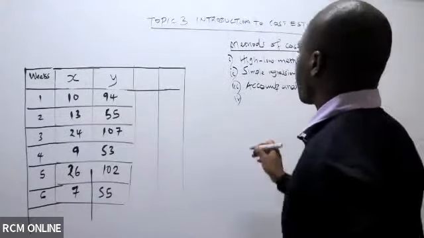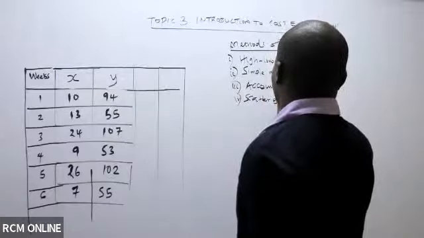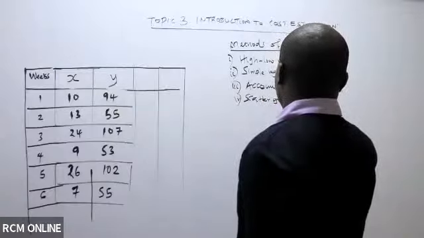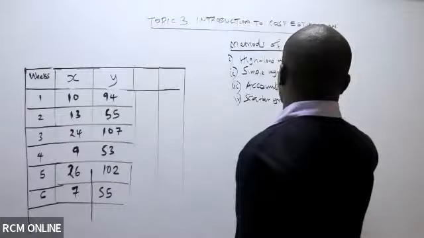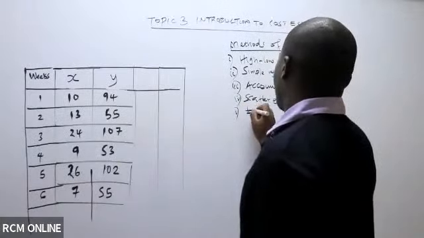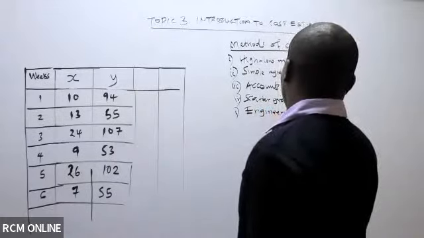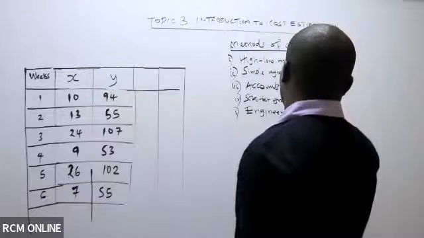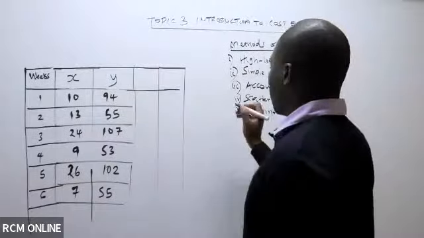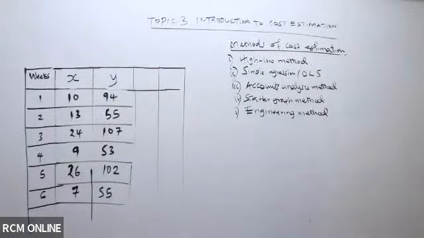Number 4, we have the scatter graph method. Number 5, we have the engineering method. Number 6 was transferred to advanced level, so we don't need to mention it here.